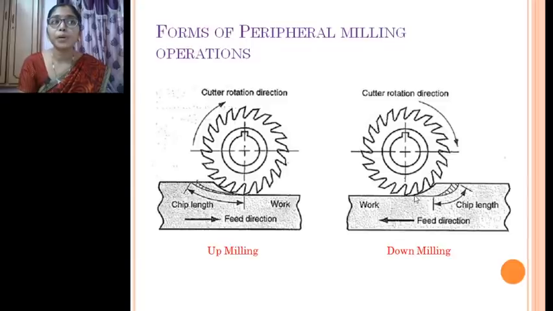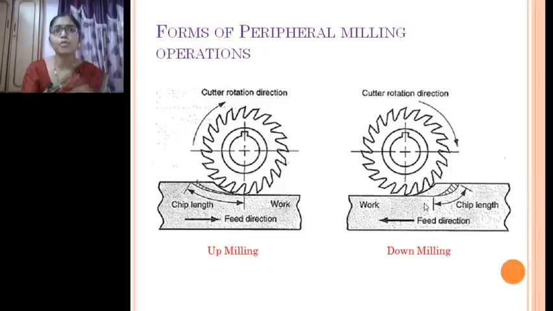The amount of tool contact, which means the time at which the tool is in contact with the workpiece, is larger in an up milling operation, whereas the time of contact is less in down milling. Which means the tool damage will be lesser in the case of down milling operation, because the time of contact is less.